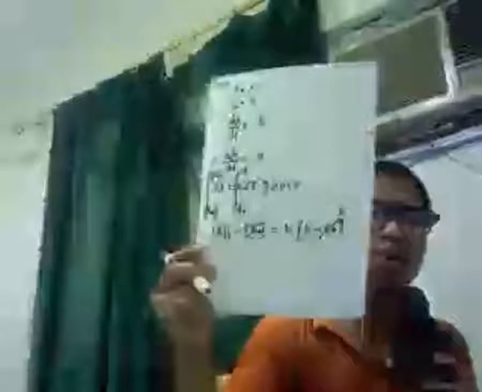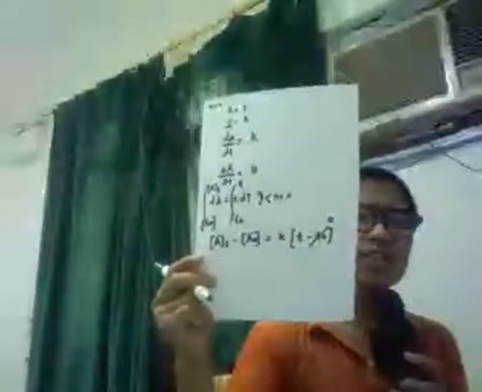What we are left with, guys, because t0 is 0, is this. The concentration of capital A with respect to time, because this is a rate, that's why in a chemical reaction rate, time must be involved. That's very clear.